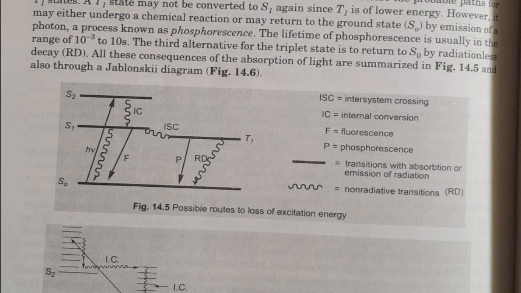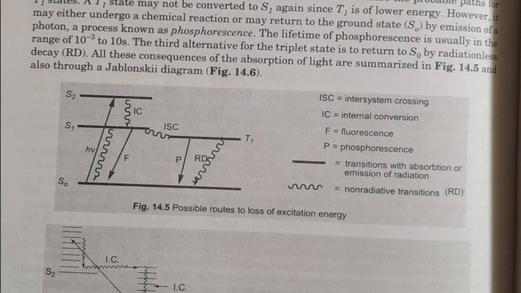So S2 to S1, that is internal conversion. S1 to T1, that is intersystem crossing. And then you can see triplet to S0 is phosphorescence, S1 to ground state is fluorescence.